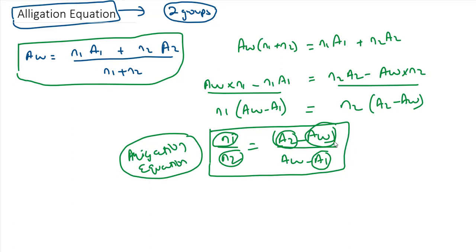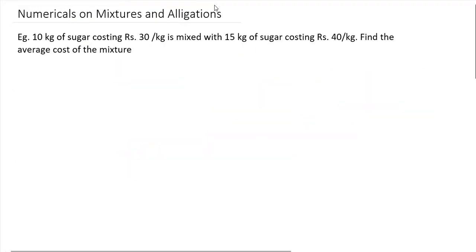In case if we use this formula, there is a lot of complications. You'll have to multiply this thing and then simplify it, and then you can finally arrive at the value for AW. So instead of using this formula for AW, we'll use this formula. For the rest of the values, if we want to find N1 by N2 or A1, A2, we can use this alligation equation. Let us now solve few problems based on this concept.